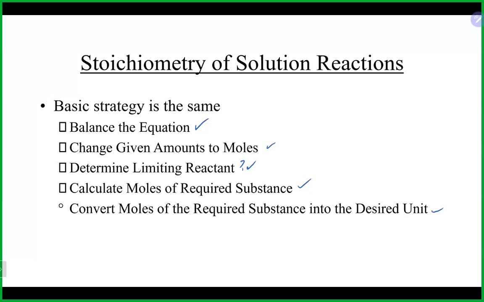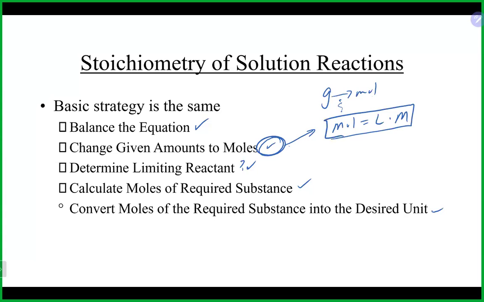The difference here a lot of times with solution stoichiometry is at this step, instead of doing grams to moles, which we may sometimes still do, oftentimes we will use molarity and we will solve for moles by taking liters times molarity. So that's a very common substitution in there.